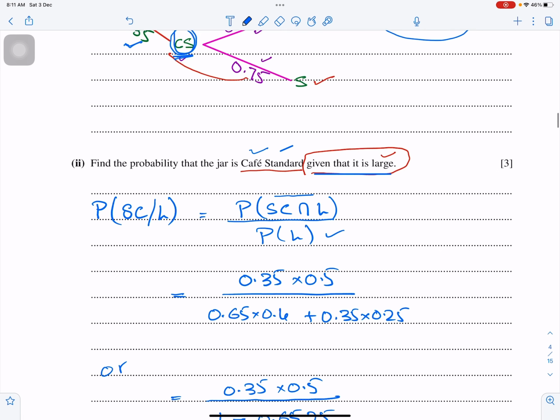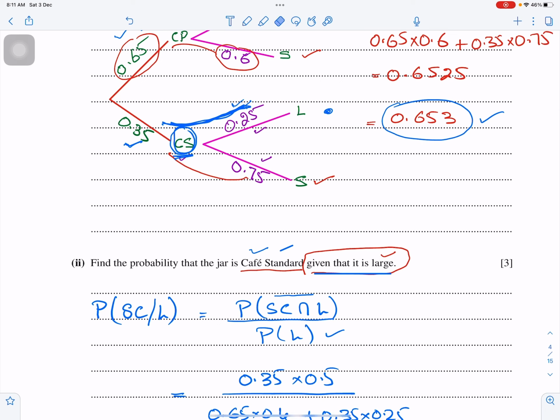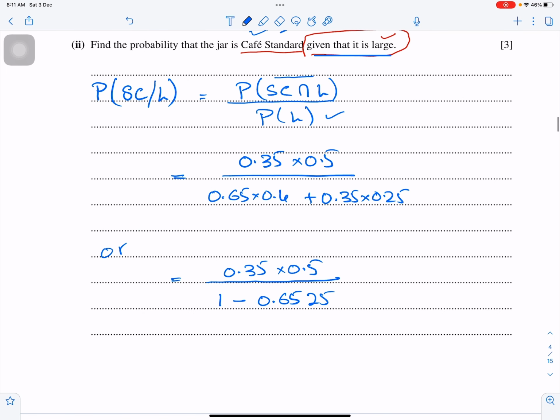Because when you are using the answer, you always use the one which is not rounded off, right? So you will use this. So both of them will give you the same answer.